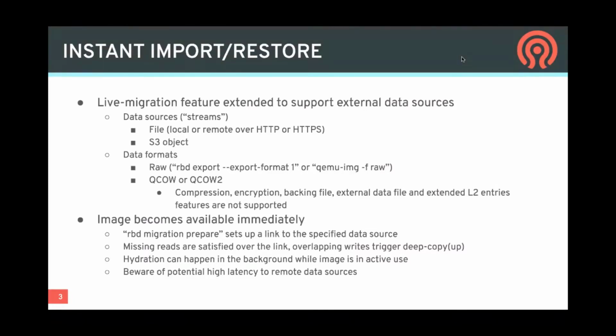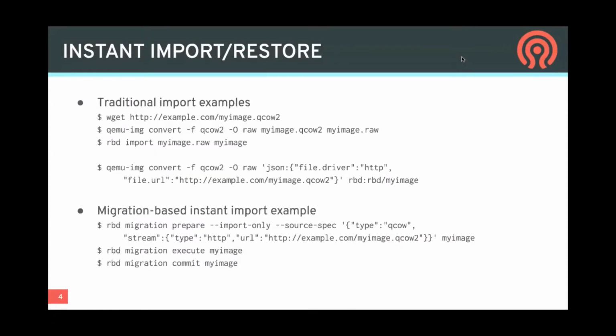And if so, trigger a so-called deep copy up, and that would pull the data into the image that is being imported. Of course, one thing to keep in mind is potentially high latency if your data source is remote, because the image can be literally anywhere.